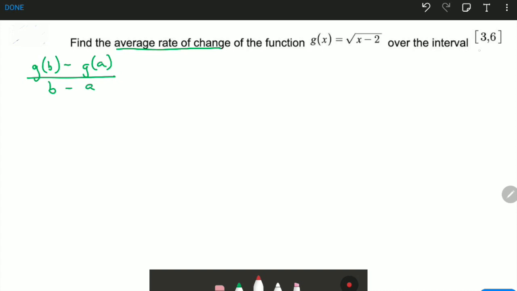So the a's and b's are in the interval. The a is our lower one, b is our upper one. So just filling out the formula to get it set up. g of 6 minus g of 3 over 6 minus 3.